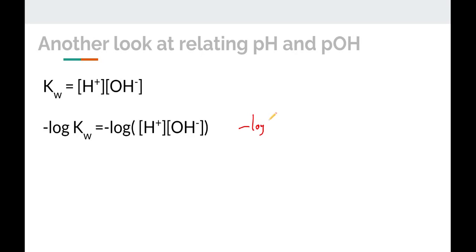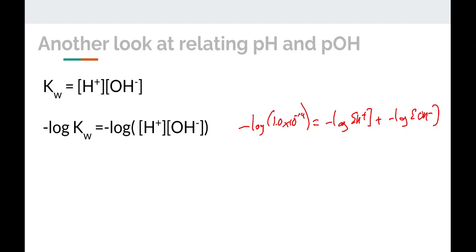Negative base 10 logarithm of 1.0 times 10 to the negative 14th equals negative base 10 logarithm of H plus concentration plus negative base 10 logarithm of OH minus concentration. Because when you take the log of a product, that's like taking the sum of the logs of the things that are multiplied together to make that product.